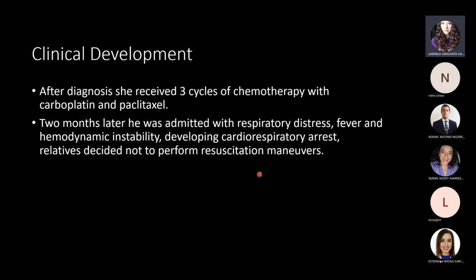After diagnosis, he received 3 cycles of chemotherapy with carboplatin and paclitaxel, and 2 months later he was admitted with respiratory disease, fever, and hemodynamic instability. He developed cardiorespiratory arrest, and his relatives decided not to perform resuscitation maneuvers, and he died in this hospital, only 2 months after the diagnosis.